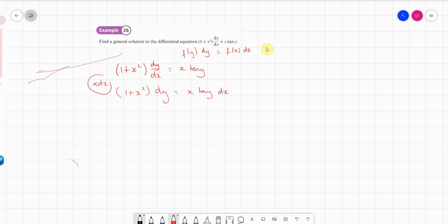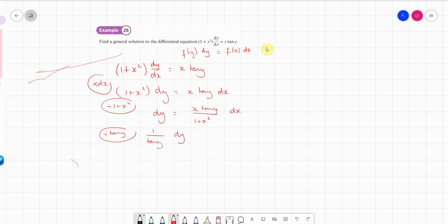And then I'm going to divide by 1 plus x squared. So that gets me dy equals x tan y over 1 plus x squared, all by dx. And then I'm going to divide by tan y, because I don't want the y's on that side. So 1 over tan y.